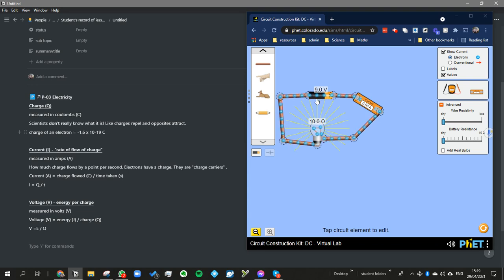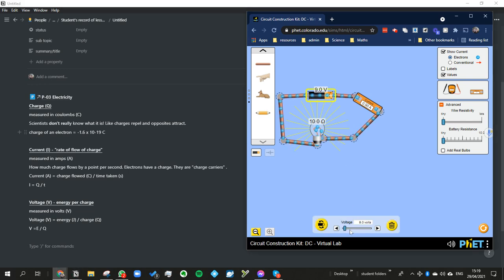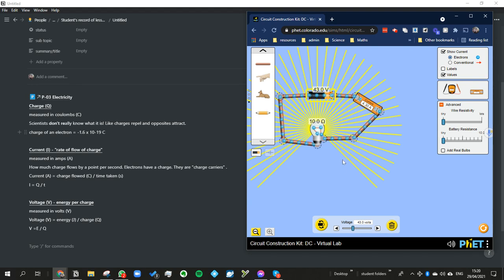Let's increase the size of this battery. When I increase the size of this battery, you can see the current is also going up. The light gets brighter as well, and the electrons move more quickly. So 43 volts now, and the current is 4.3 amps. So it's gone up quite a bit.